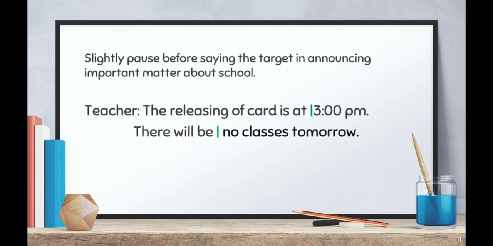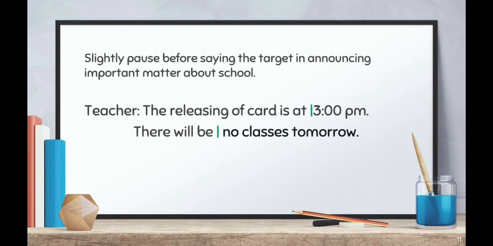Did you get the idea? If not, let's repeat. Again, the first one, the releasing of card is at 3 p.m. Next, there will be no classes tomorrow. Now, did you get it?